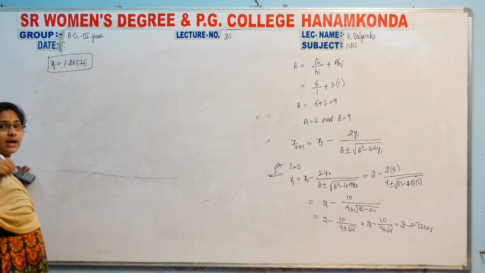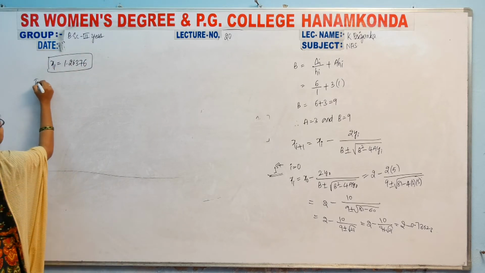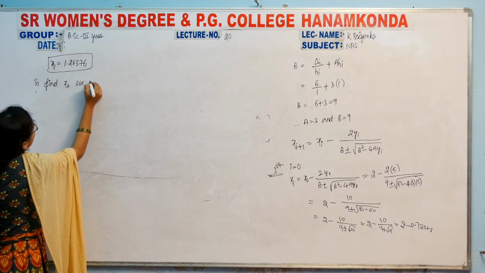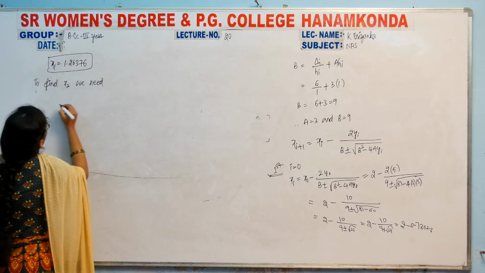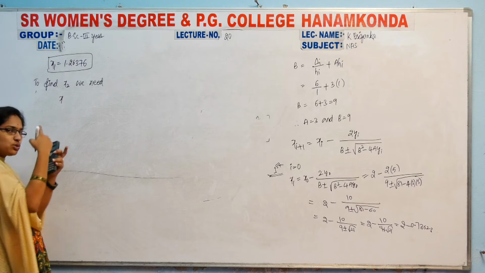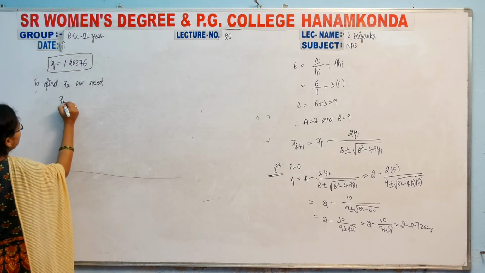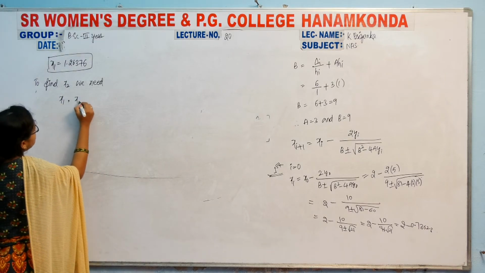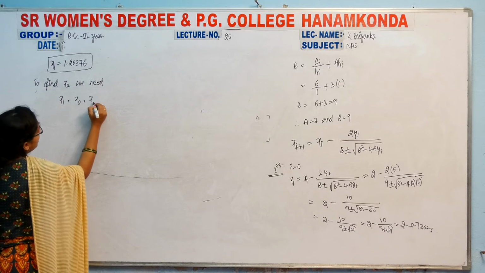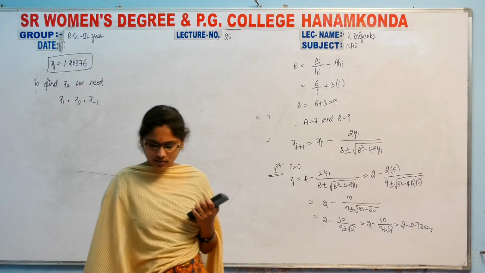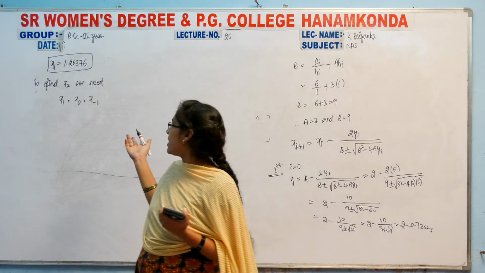Next, to find x2, what are the before values? x1, x0, x minus 1. Now write down, we need these values.